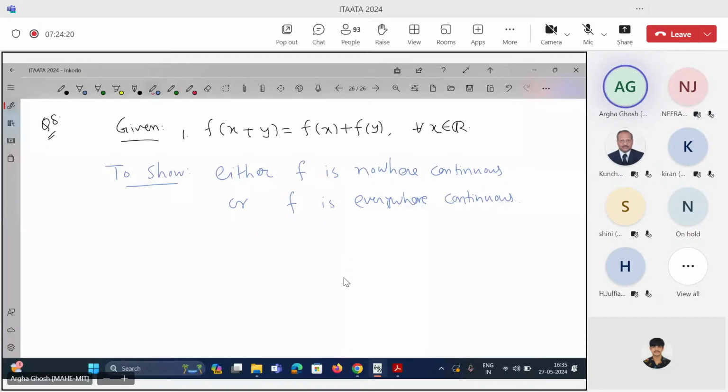Okay, I'll give you a hint. Try to use question number 7 to solve this problem.